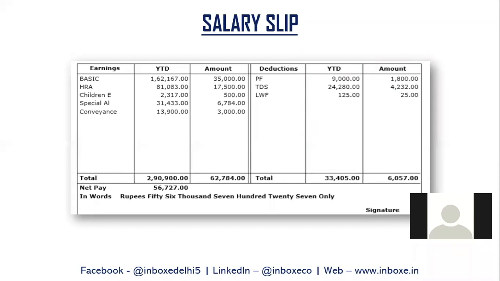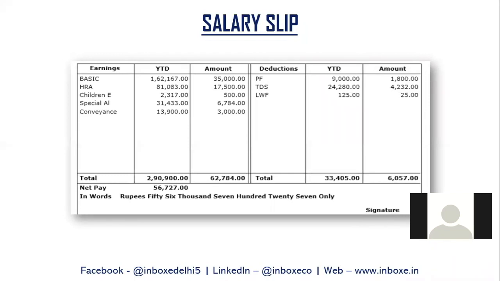These are also called the components of the salary slip. These five things under earnings are not the only components. There could be many more, like dress allowance, mobile allowance, any kind of allowance, which is a combination of the total components.